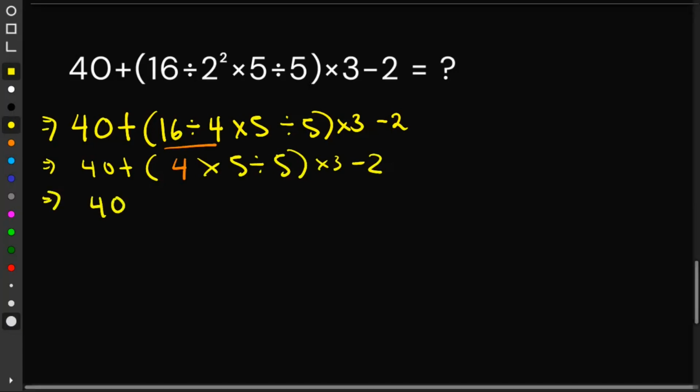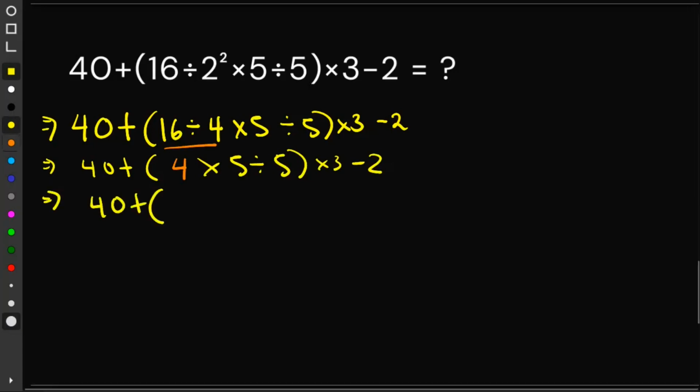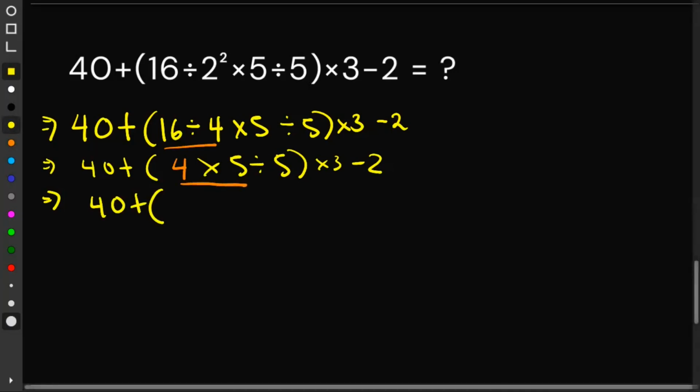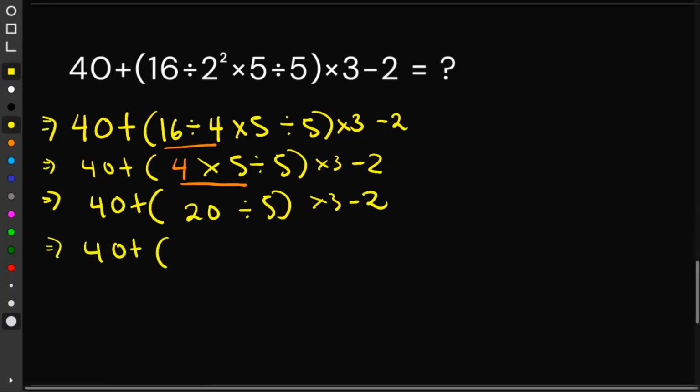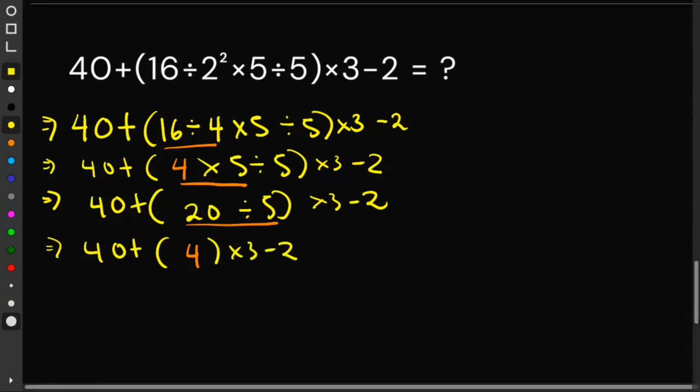Inside the parenthesis, we do this operation, which would give us 20 divided by 5 times 3 minus 2. Now we follow that by the last operation inside the parenthesis, and that would give us 4 times 3 minus 2. Again, since it's only a single expression, we can already remove the parenthesis out here.